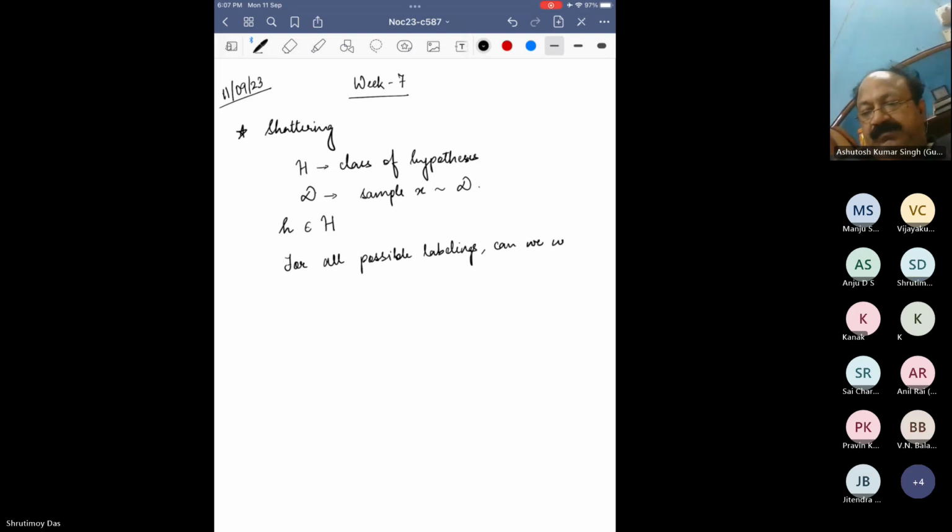Can we use H to classify these points, or learn the decision boundary?